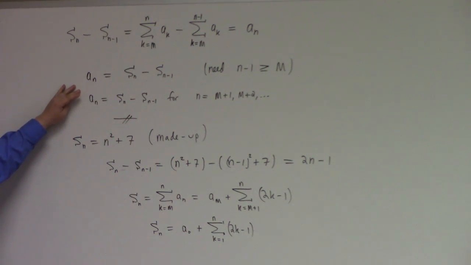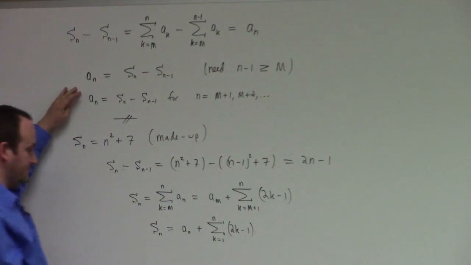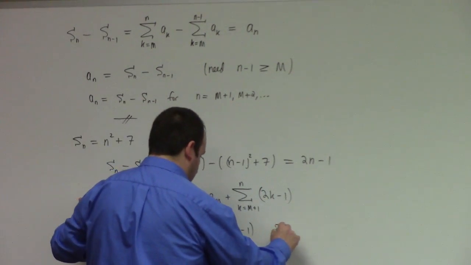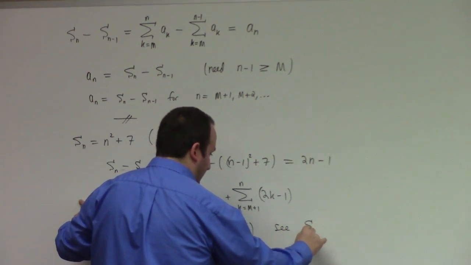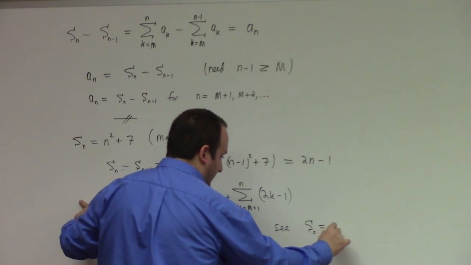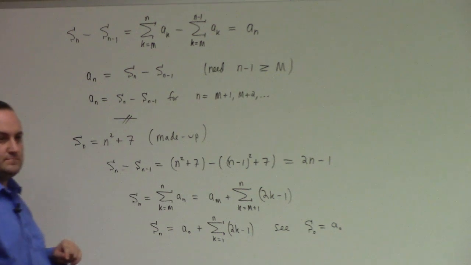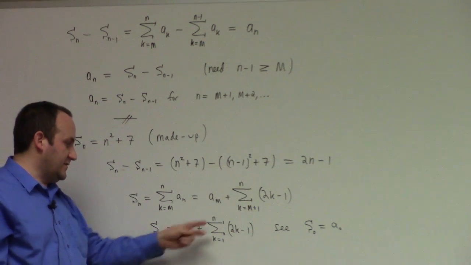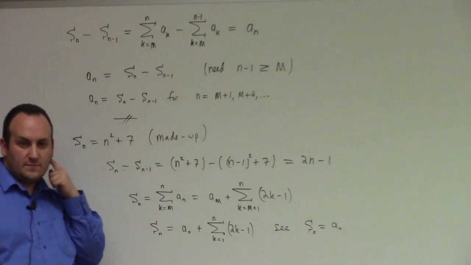So let's see here. What should a_0 be then? S_0 should be equal to a_0, am I right? Because when you put n equals 0, the sum is gone, and you just have the first term.